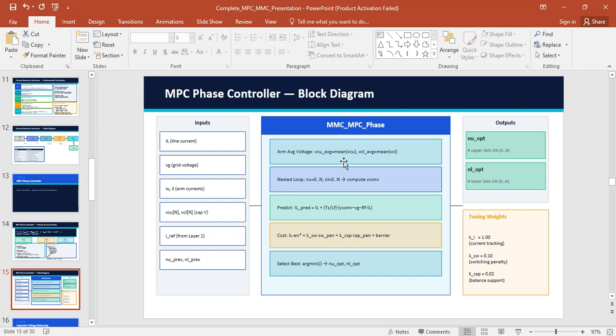So this is our MPC phase, right? It predicts IL based on the cost function and selects the best NU based on the J. J is our cost, right?